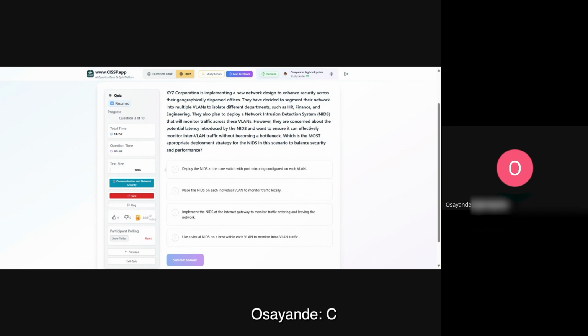balance security and performance? Well, I initially said B because I thought that segmenting it somehow might reduce the overall throughput, but A does make a bit more sense when I reread it with the port mirroring, although I'm just taking my best educated guess on that one.